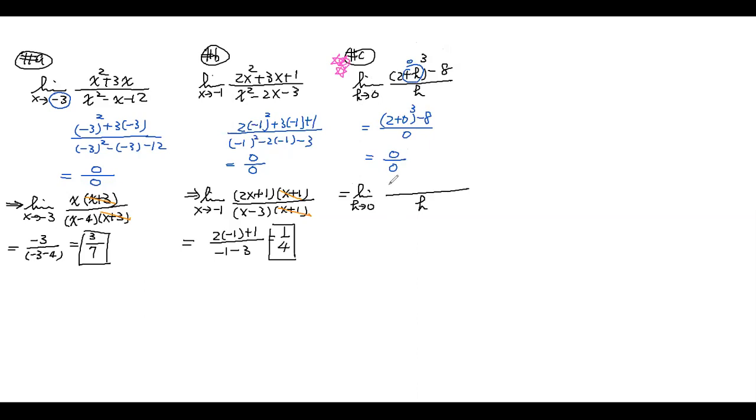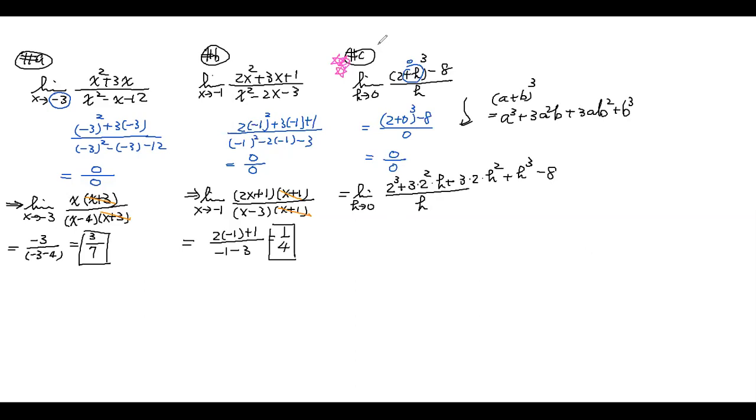2 plus h, right? 2 plus h cubed. So it is 2 to the cube plus 3 times 2 squared times h plus 3 times 2 times h squared plus h cubed, minus 8. So from here to here, I use this formula: a plus b cubed is equal to a cube plus 3a squared b plus 3ab squared plus b cubed, right?